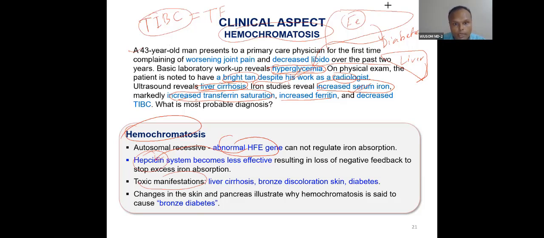Hepcidin cannot be produced by this gene, and if hepcidin is not there, there is continuous iron absorption. Because iron absorption is one-way traffic, it will be deposited in the liver, in the pancreas, and in other visceral organs. It will cause diabetes and other problems. So hemochromatosis is called bronze diabetes.